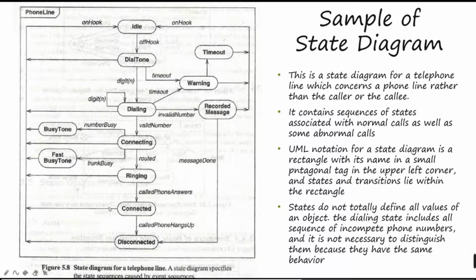In the connected state, if it is unhooked, it will go to idle. If the called phone hangs up, it will also go to disconnected. Okay, all of these are messages, are events, and here the rounded boxes are states. So this is a complete state diagram for a telephone line.